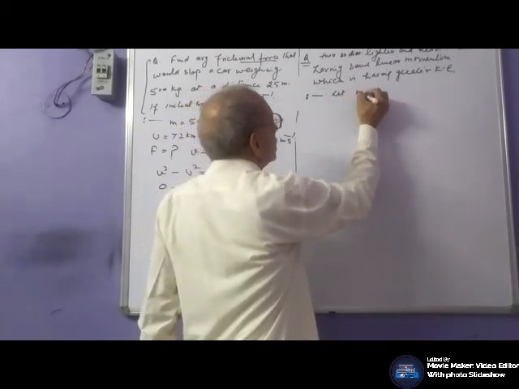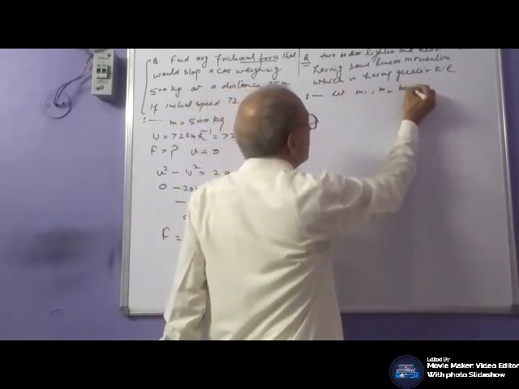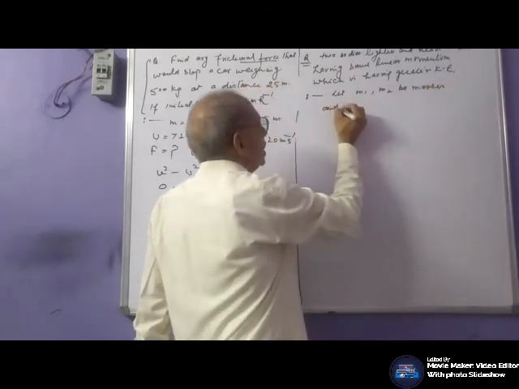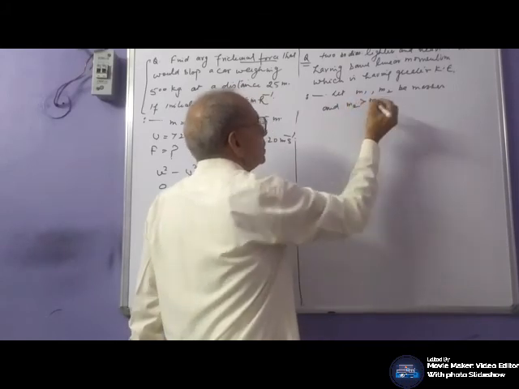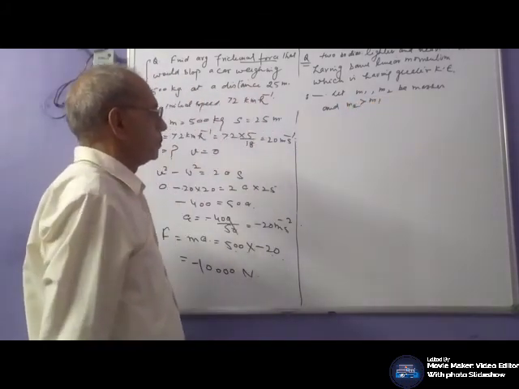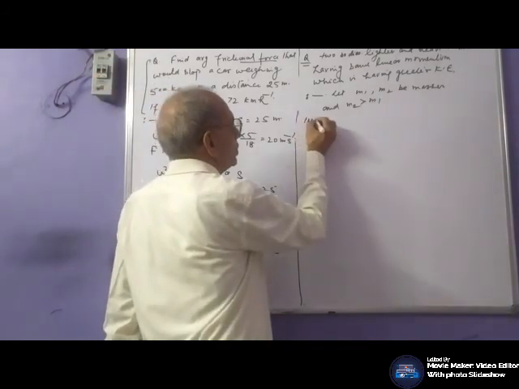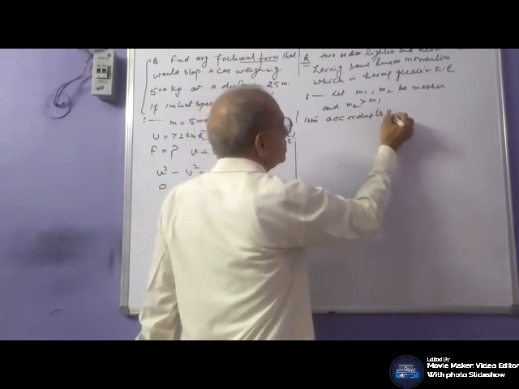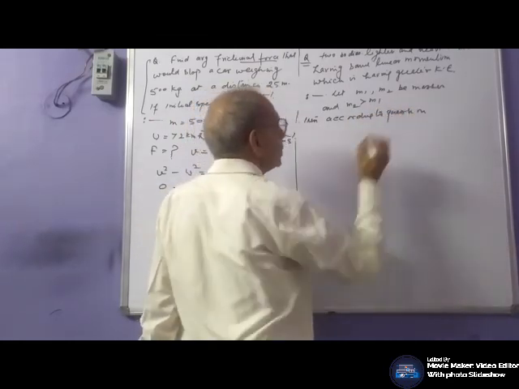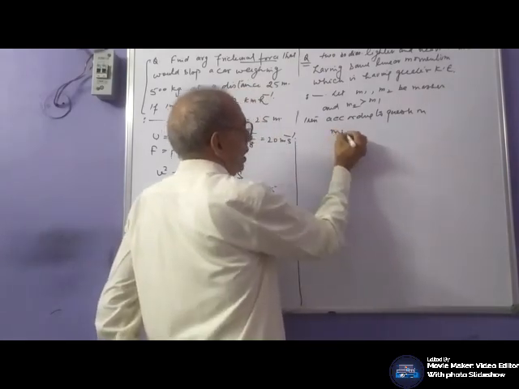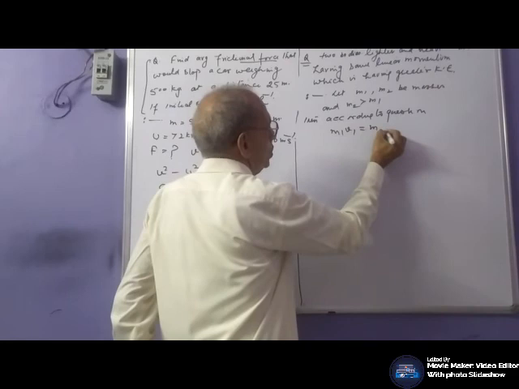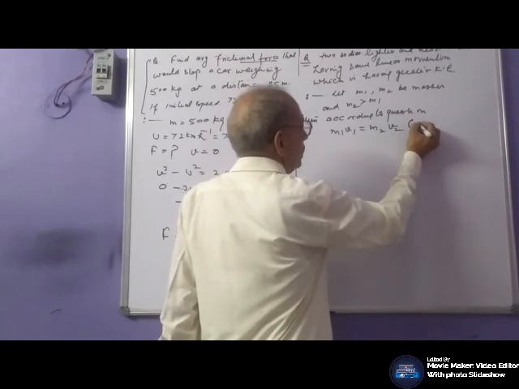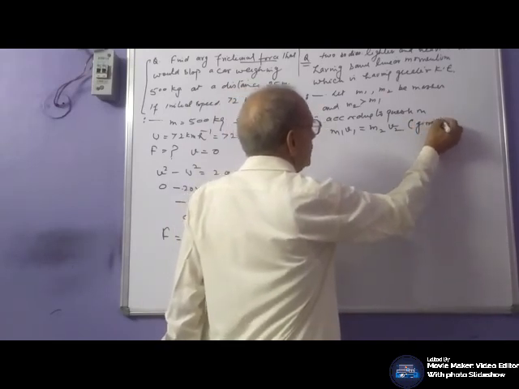Let M1, M2 be the masses and M2 greater than M1. Then according to the question, M1 V1 is M2 V2, given same linear momentum.